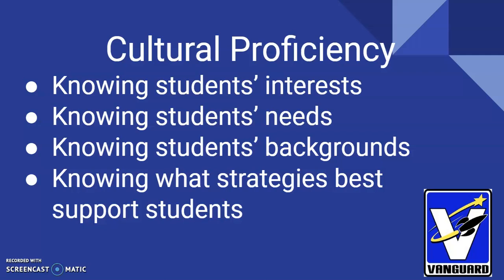And so understanding what the interests are, understanding what students' needs are, also their backgrounds. What about their lives comes to the classroom with them? So are they a student who's traveled across the world because their parents' job has been such that they do that? Or is this a kid whose world as they know it is probably a 3 or 4 block radius? And so how do we engage with those kids?